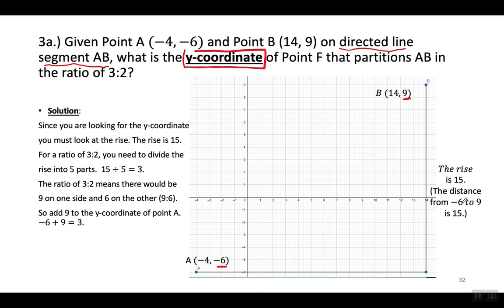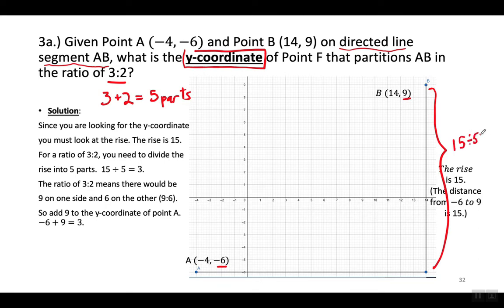All right, so since the distance from -6 to +9 is 15, and they want a ratio of 3 to 2. Remember, a ratio of 3 to 2 means that in total we need 5 parts. Una razón de 3 a 2 quiere decir que necesitamos 5 partes. So I got to divide this distance, which is 15, into 5 equal parts.